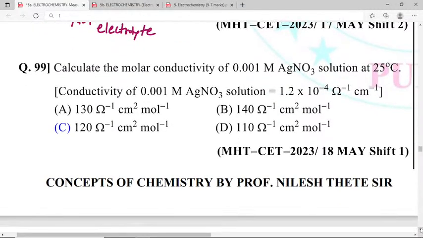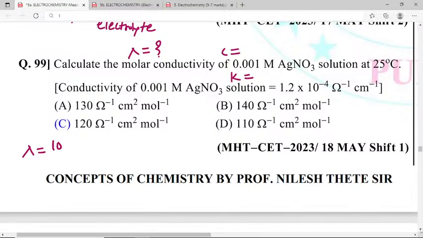Next, calculate the molar conductivity of 0.01. Concentration is given. Conductivity K is given. Calculate the molar conductivity, lambda. Lambda is equal to 1000 K by C. Substitute the value, we will get the answer.